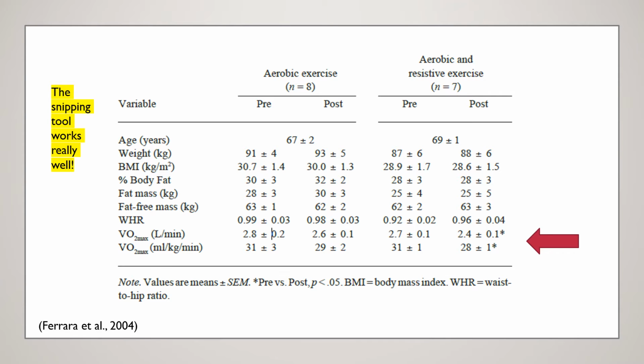So they went from 2.7 to 2.4 if it's liters per minute, 31 to 28, and it's significant in only 7 participants. So there was an impairment of maintaining, but both groups did have a little bit of a change. It was only significant in the aerobic and resistance exercise.